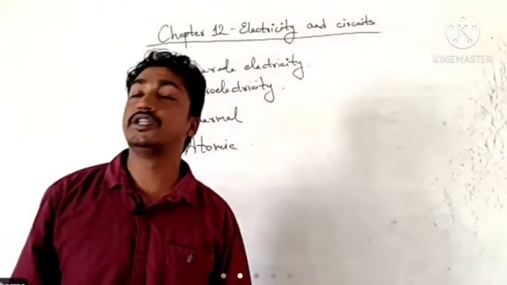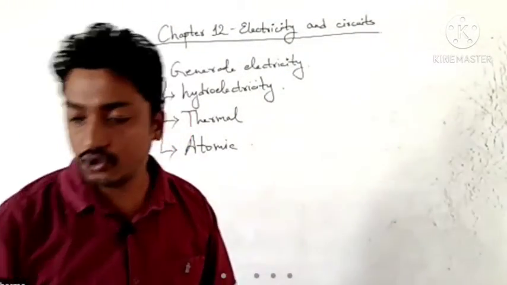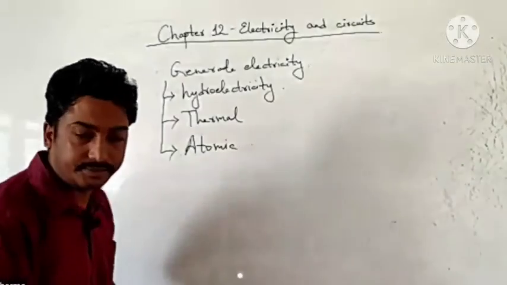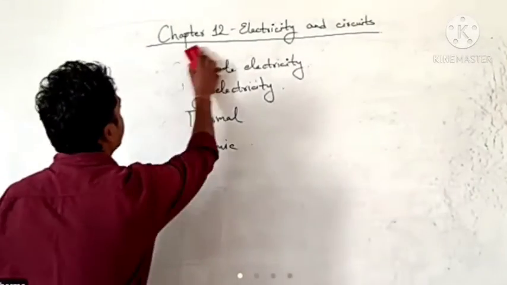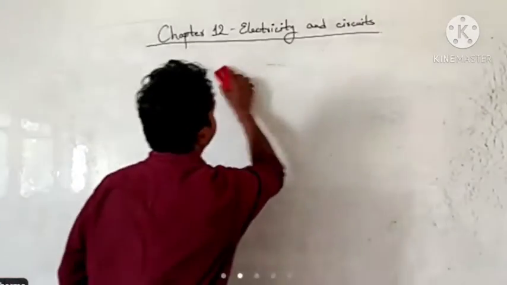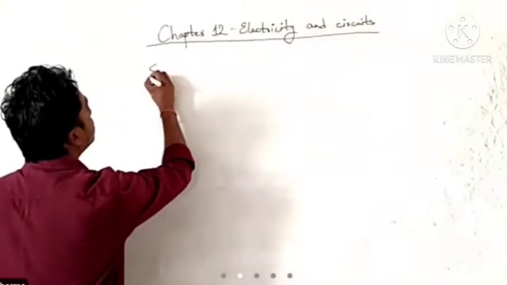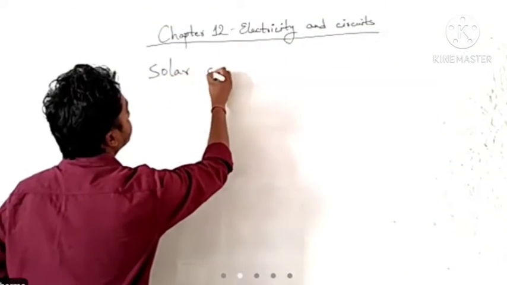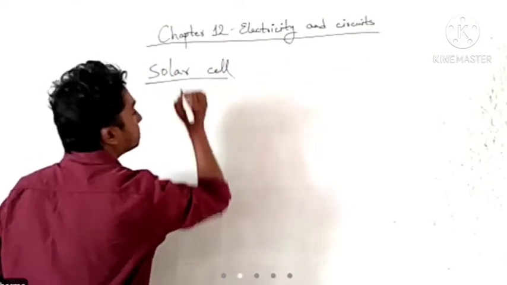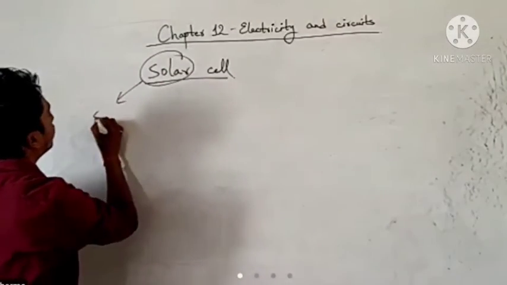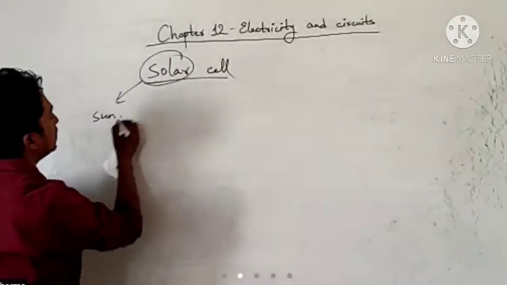Then we discussed about the cell, the dry cell, the battery. So today we are going to discuss about solar cell. So what do you mean by solar cell? As we know, solar means sun, or you can say sunlight.